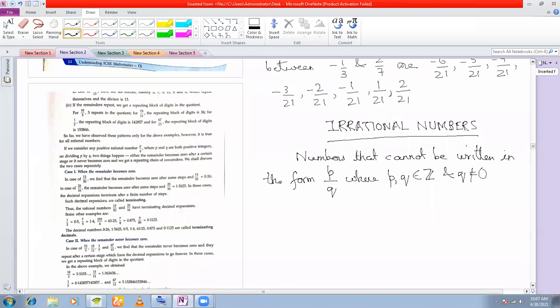Okay, those numbers which cannot be written in this form are called irrational numbers. Now, what are the numbers that cannot be written in this form? What are those numbers that cannot be written in this form? Examples?